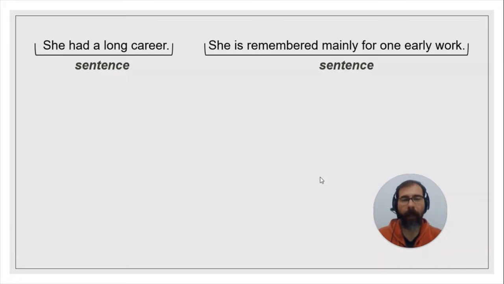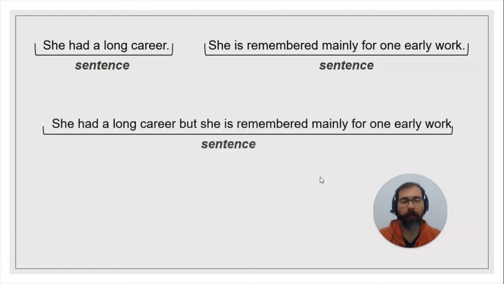Now, let's take a look at these two sentences. She had a long career, and she is remembered mainly for one early work. They are sentences because they have a main verb, they make sense, and they start with a capital letter.